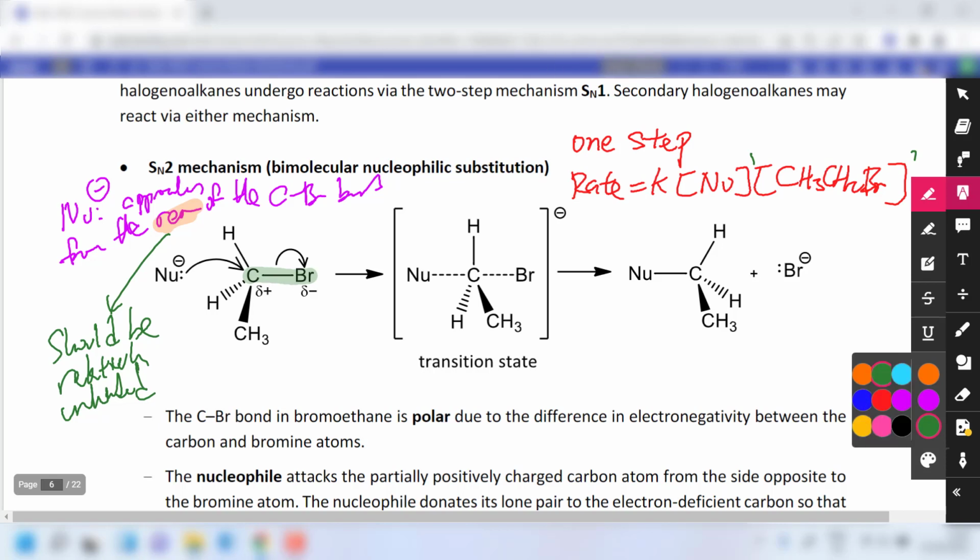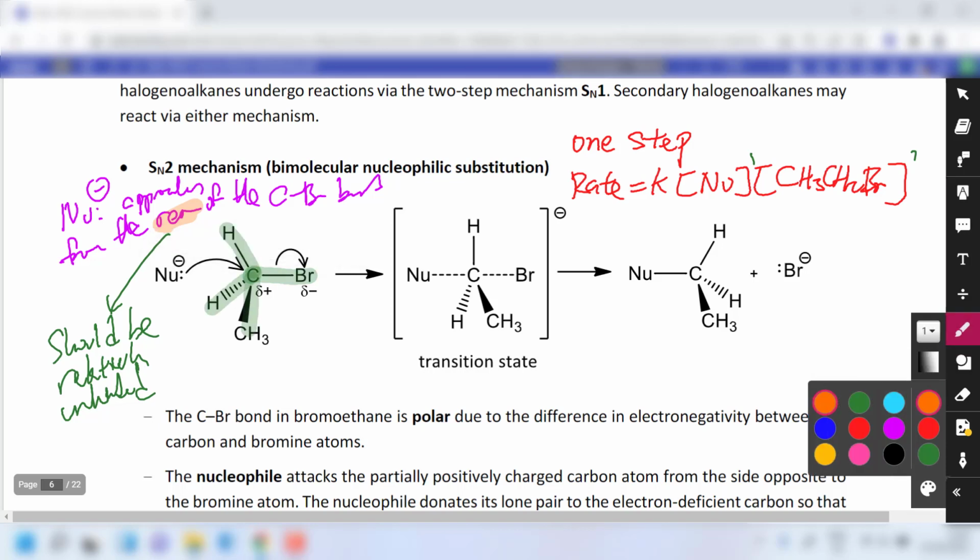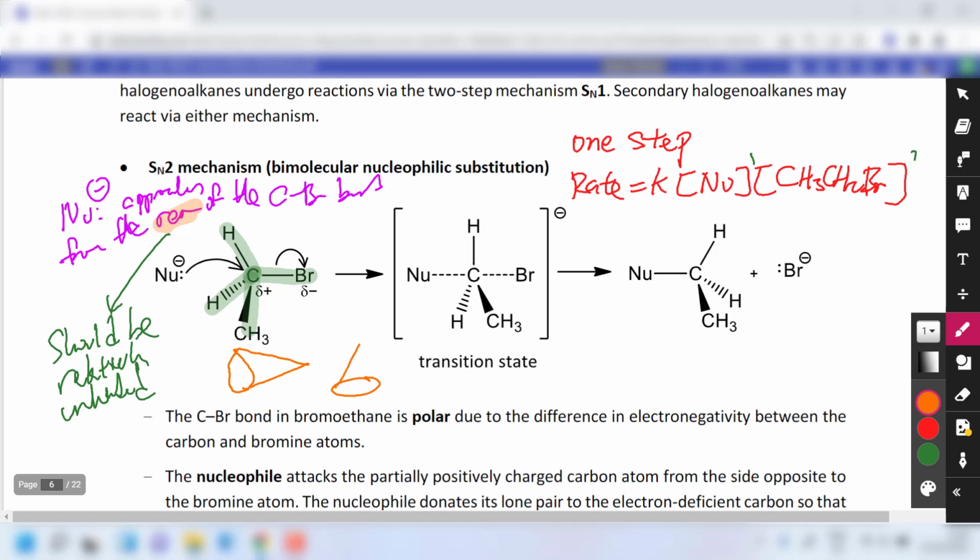Then the rest of the groups you project to the left, something like this. From one angle, it seems to be a cone being turned 90 degrees. If that's a good description for you, you can take it as it is. Therefore, the nucleophile approaches towards the middle of the cone.